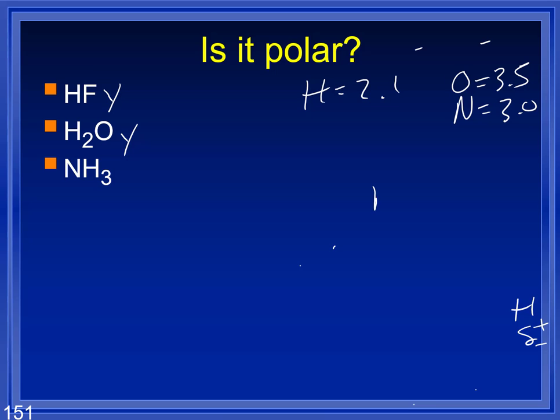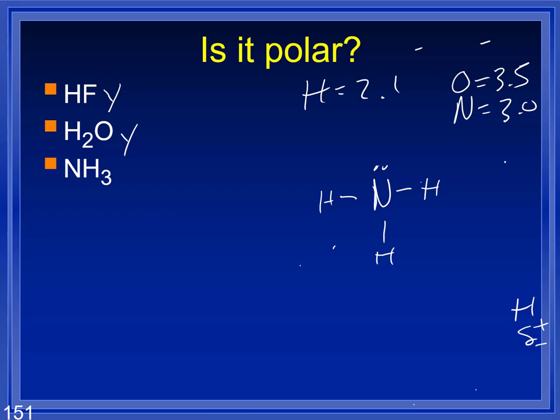Well, the N is going to have to be hooked to the H's, right? Okay, does it have polar bonds? The difference is 3.0 minus 2.2, that gives me 0.8, but 0.5 is just enough to make it polar. Oh, I'm sorry. It's 2.1, isn't it? It's 0.9, plenty polar.